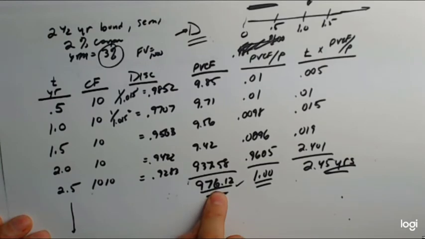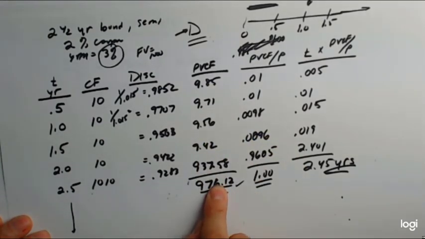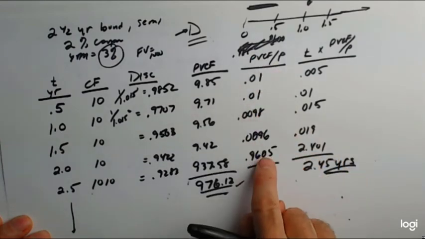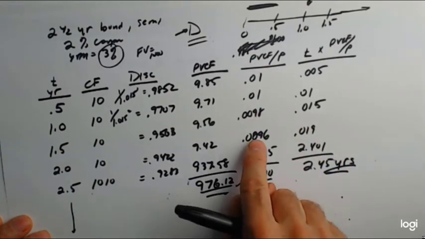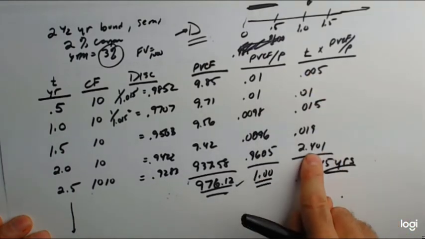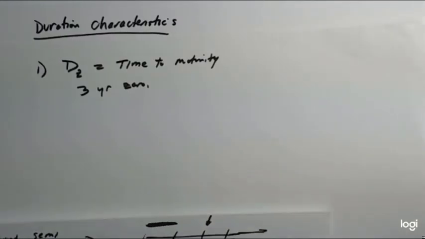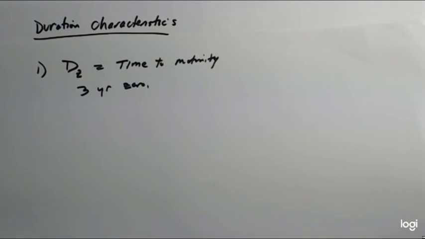That's going to be the value of the bond because everything here will be zero. So this will be $928.30. All of the weight will be on this one cash flow. So this will be a 1. All these will be 0. And then all these will be 0. And this will equal 2.5, which sums to 2.5 years.